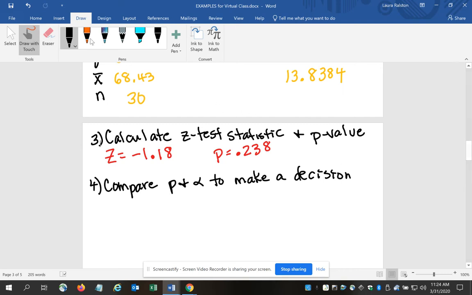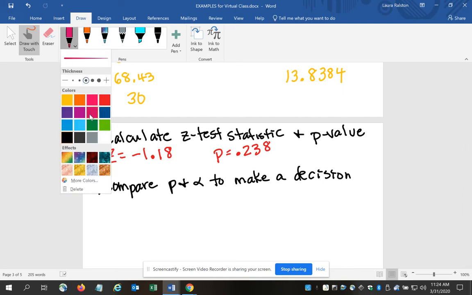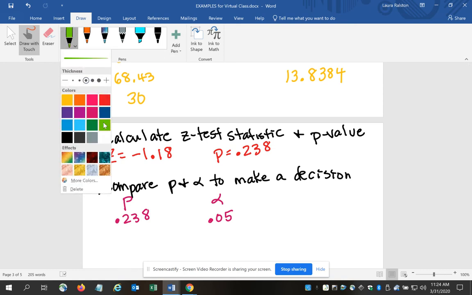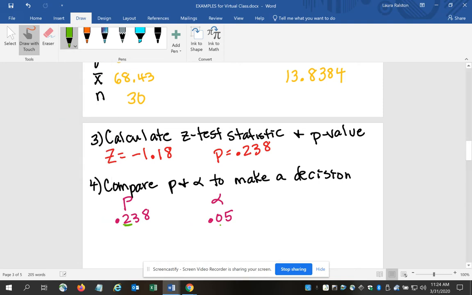So I'm going to make that comparison. So my p-value, which comes from the calculator, is 0.238. Alpha was given in the problem as 0.05. And again, you're going to compare it digit for digit. Okay, so the first digit in P is a 2 compared to 0 in alpha. 2 is greater than 0, so P is greater than alpha.